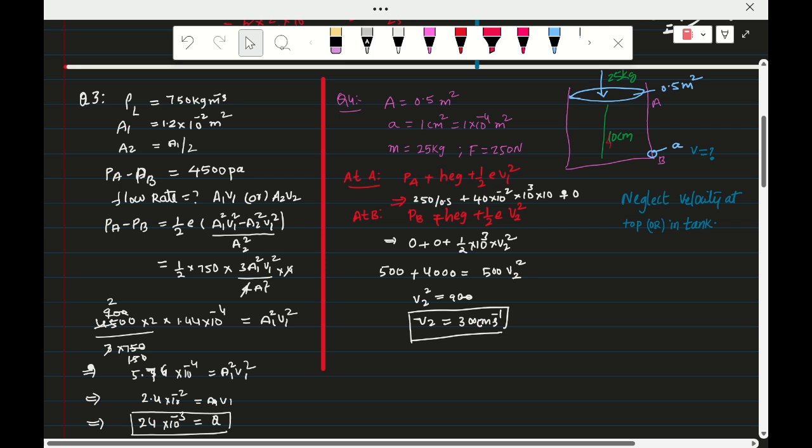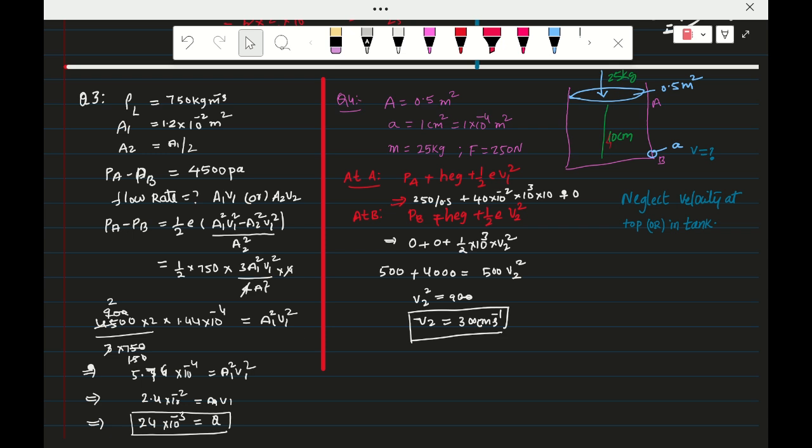So here, the density of one liquid is given, and the areas are given. A1 and A2 are related like this. One liquid is there in one tank or beaker or vessel.